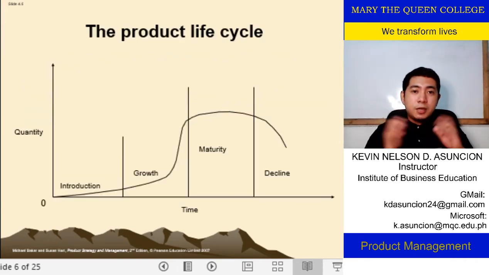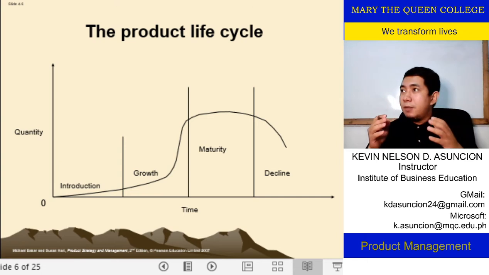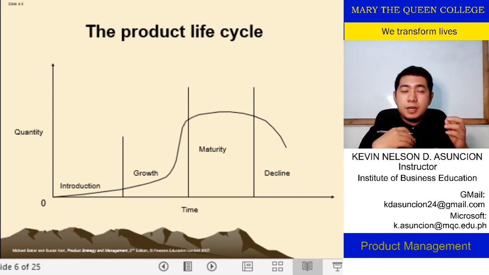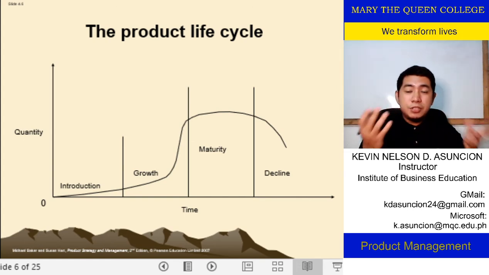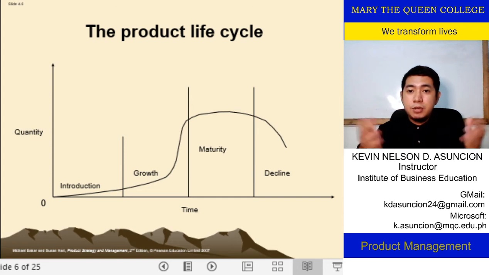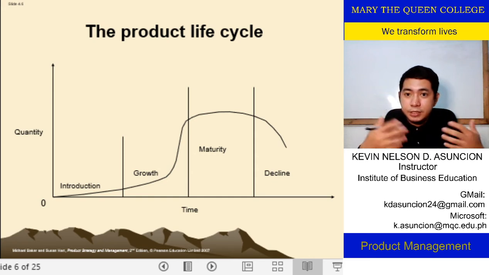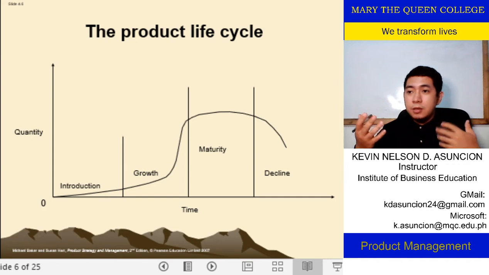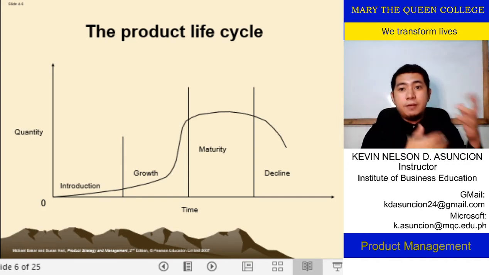Take a look at this diagram. This is the ideal image of a product life cycle. Prior to the discussion, let's talk about the biological life cycle of a person. The biological life cycle of a person starts with conception, from when egg cells and sperm cells meet together, and then there's gestation.